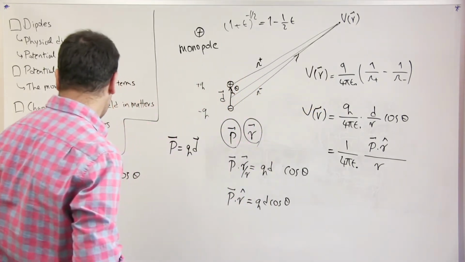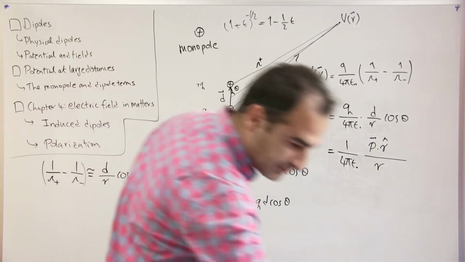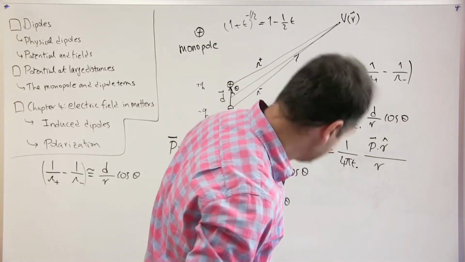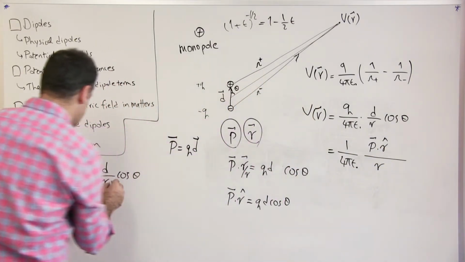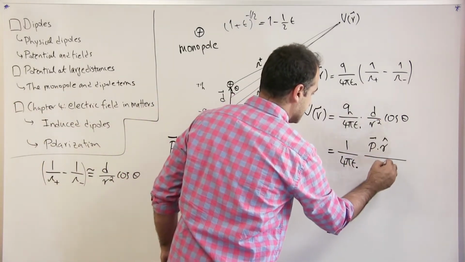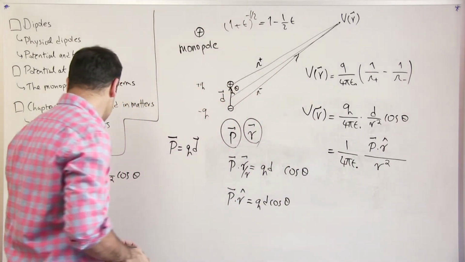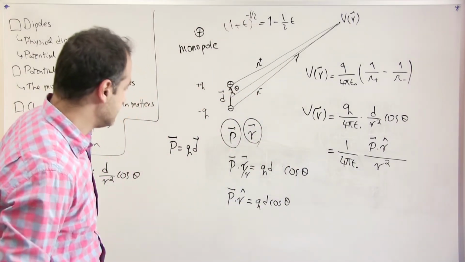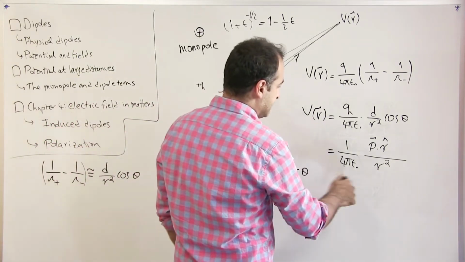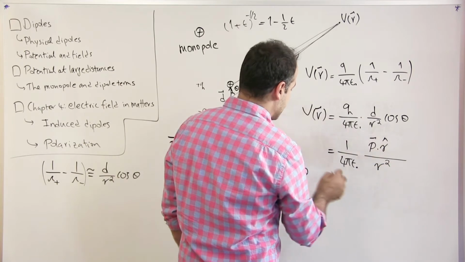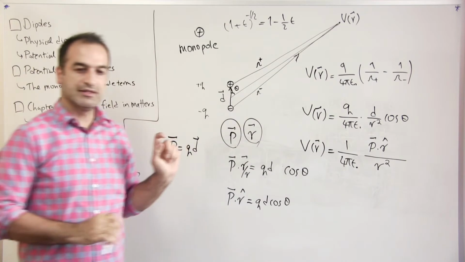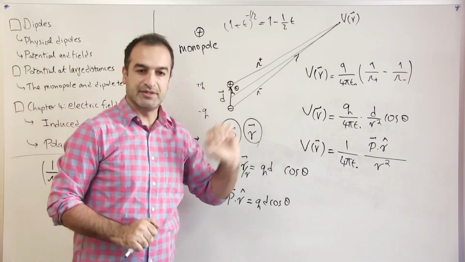By the way, let me double check something. In the approximation here, we get R squared actually. So this should be R squared, and here we get R squared. So the potential is P dot R hat divided by R squared, and this is the potential of a physical dipole far from the dipole.